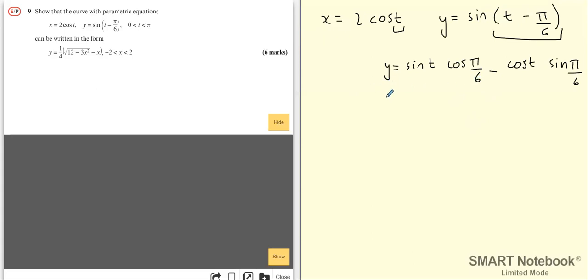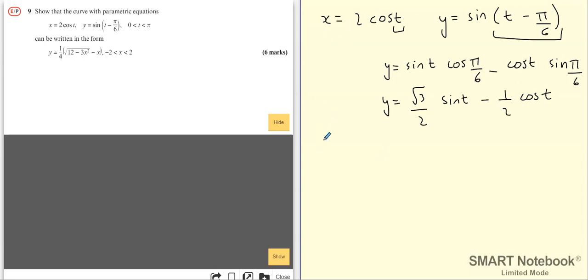So if I think about this, I know what cos of 30 degrees is. So I can write this as root 3 over 2 sine t, and I can write this as a half cos t. Now is the bit where we can start substituting things in.